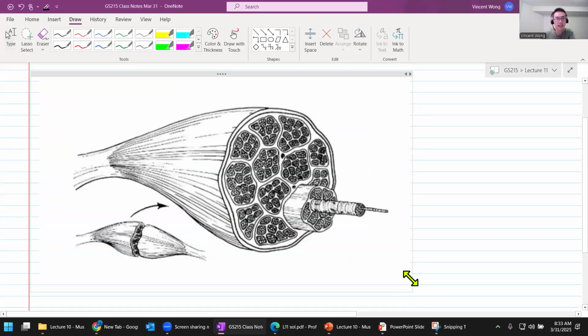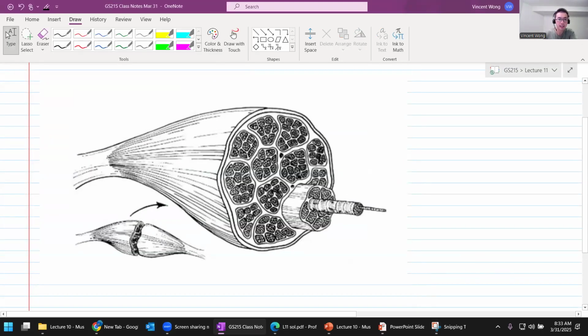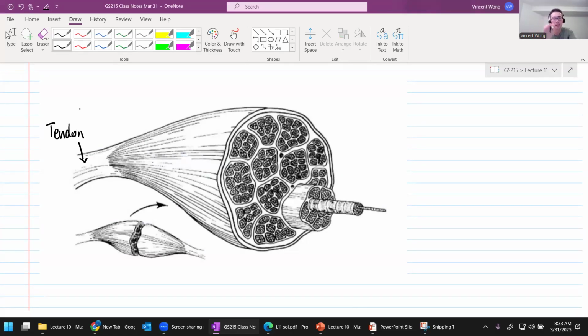Okay, so here it is. This is a whole muscle, and this portion connects the muscle to your bones, and it's called a tendon. So tendon connects muscle to bone, and ligaments connect bones to bones.